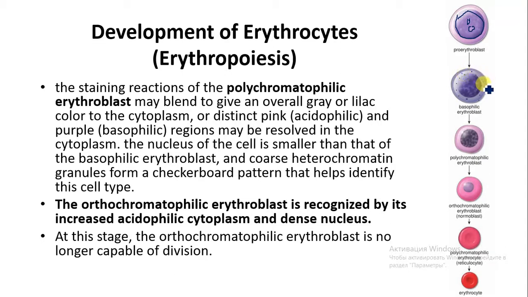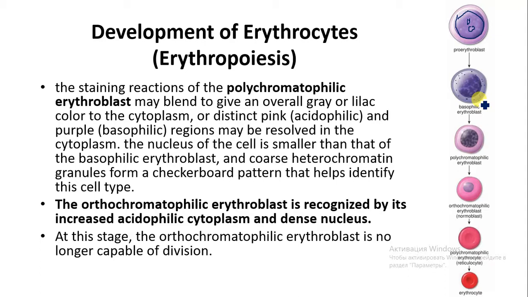These ribosomes are shown in histology as blue cytoplasm. Why is it blue? Because ribosomes contain RNA, ribonucleic acid, and the acidic components of the cytoplasm will attract more basic stains, like hematoxylin or methylene blue.